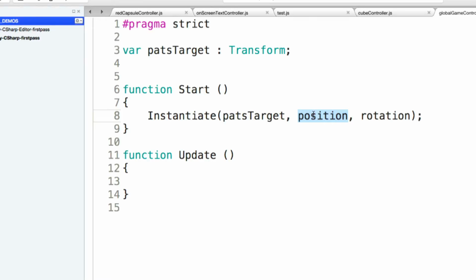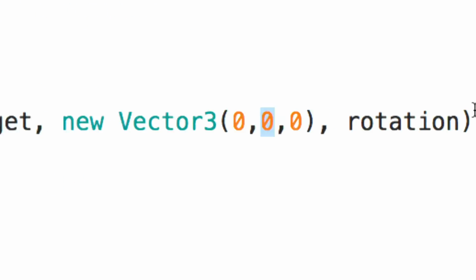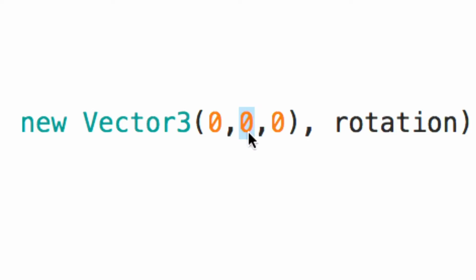So let's do new Vector3, X, Y, and Z. Okay, so let's choose to place this object. Let's do it real simple at first. We'll instantiate it right at the origin of the scene, which is 0, 0, 0. But the only thing that I'm going to do differently is raise it above the ground a little bit so it's not in my ground plane. Let's put this at a value of 3.